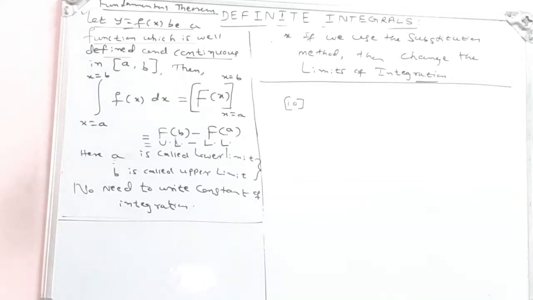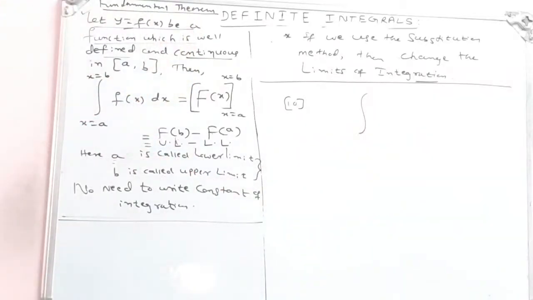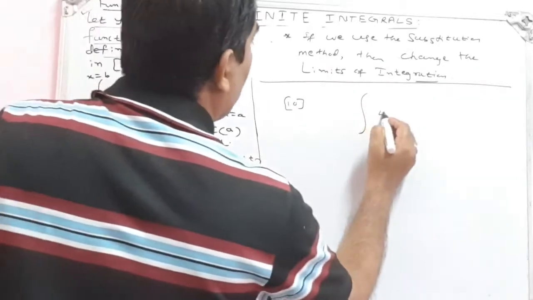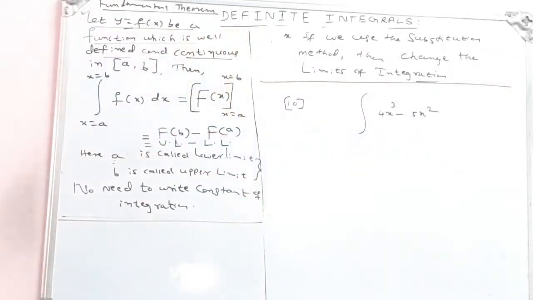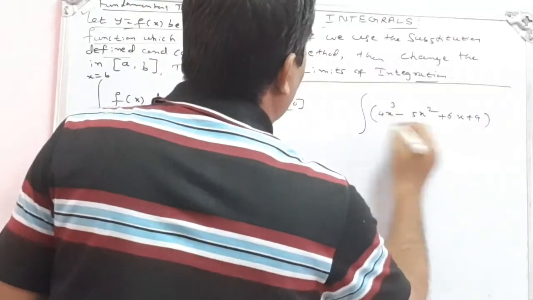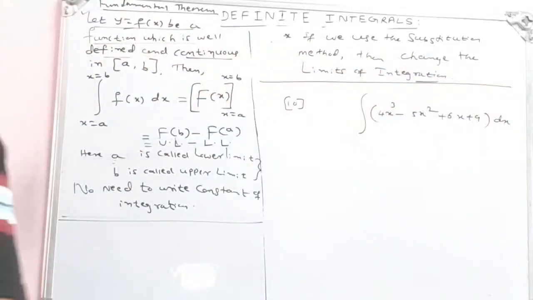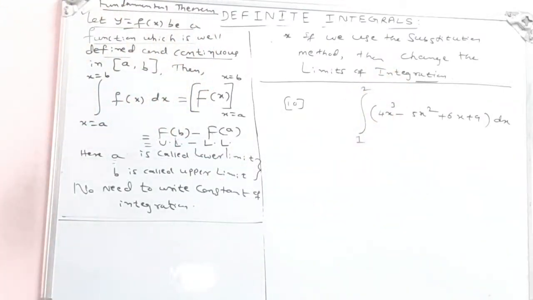Let me consider another example: integration of 4x cube minus 5x square plus 6x plus 9. If I write only this, it will be an indefinite integral. We are calculating the definite integral, so I have to write the limits 1 to 2. Observe this: 4x cube minus 5x square plus 6x plus 9 with respect to x.